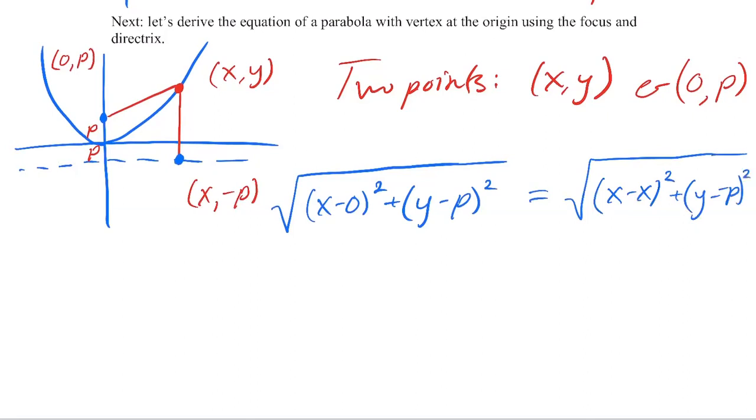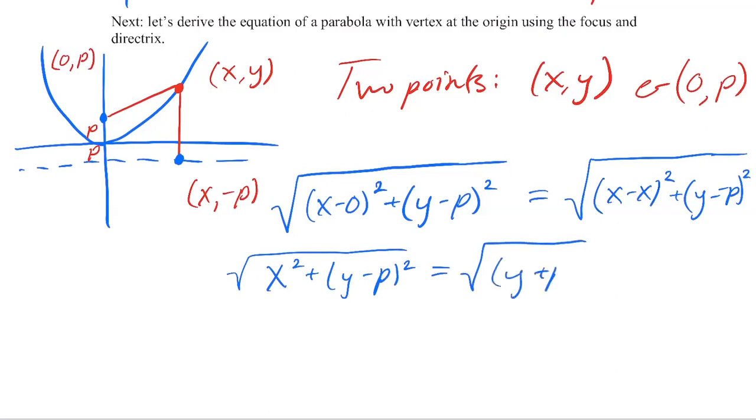Now we just have to do a little bit of simplification. We're going to have the square root of x squared plus y minus p squared. That's going to be equal to, well, x minus x is 0, so we can eliminate it from the conversation. And y minus a negative p is y plus p quantity squared, and the square root of that.